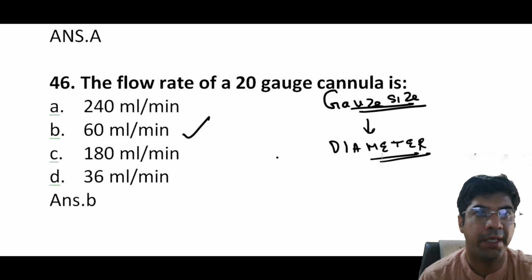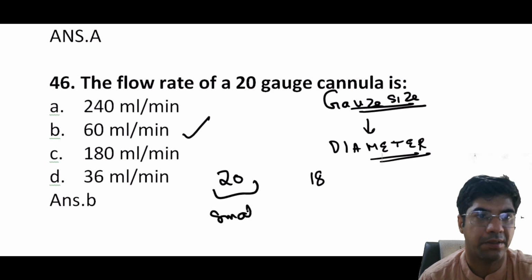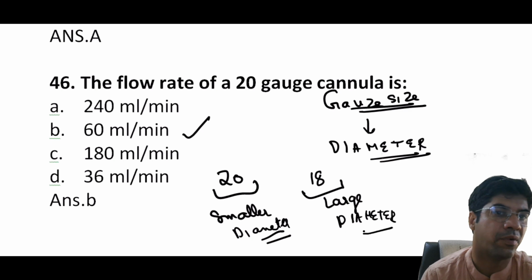Suppose you have a 20 gauge and 18 gauge. So remember, 20 gauge would have a smaller diameter compared to the lower gauge number, that is 18. So this diameter would affect the flow rate.